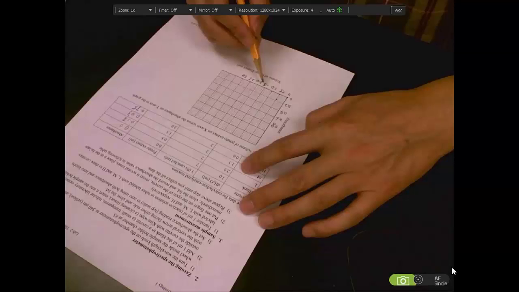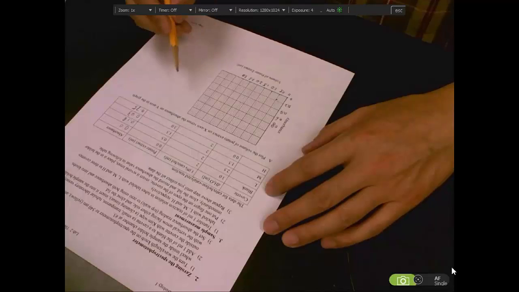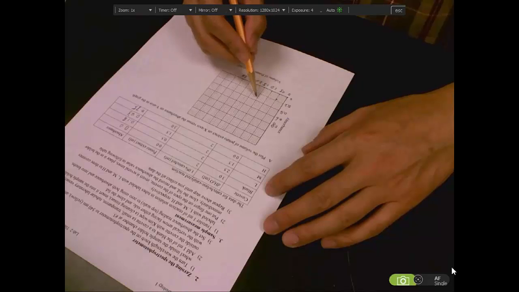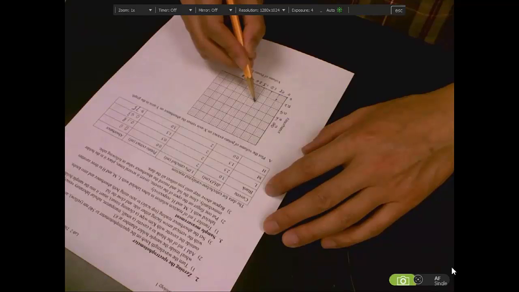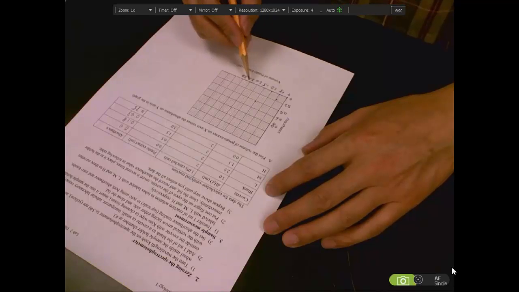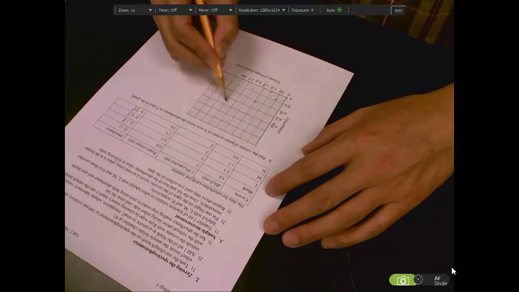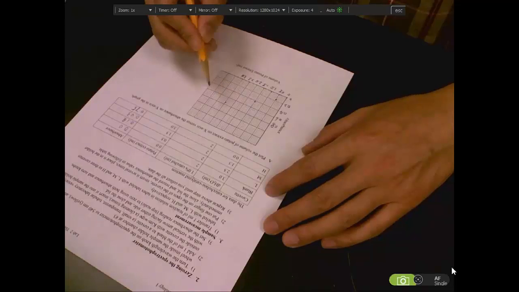And the next one, the volume of extract is 1.5 versus 0.43, which will be here. 0.4 is here, 0.43 is here. Then the last one will be 3 milliliters of extract versus 0.75. So 0.7 is here, 0.75 is over here.